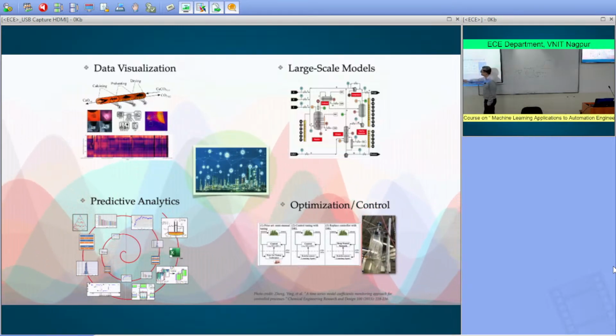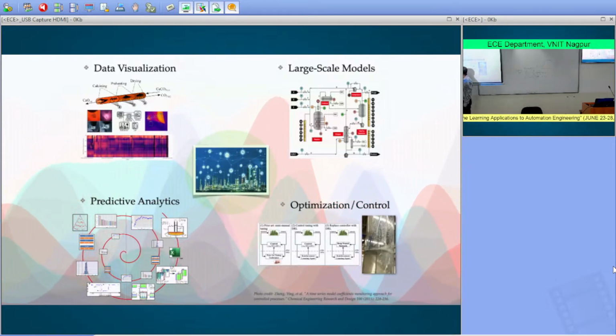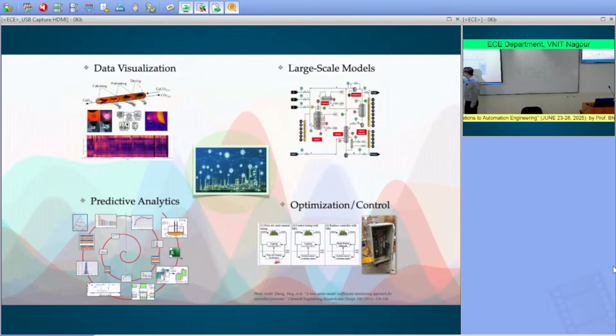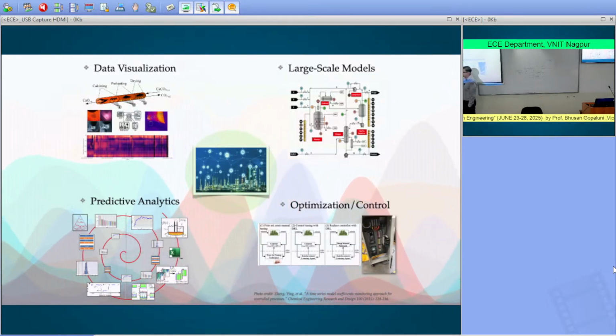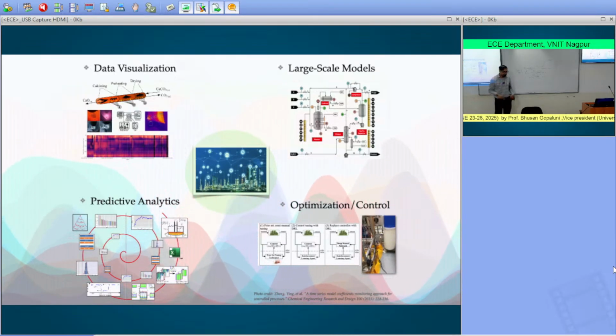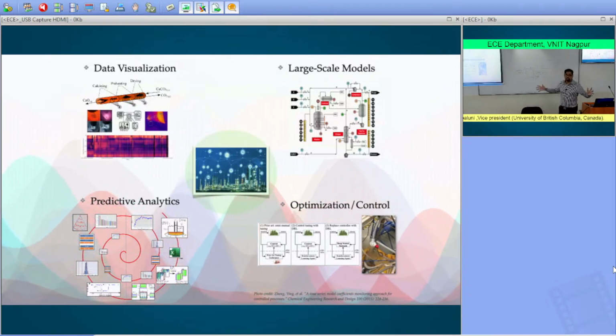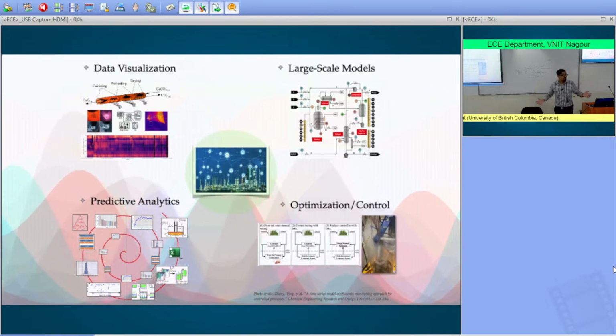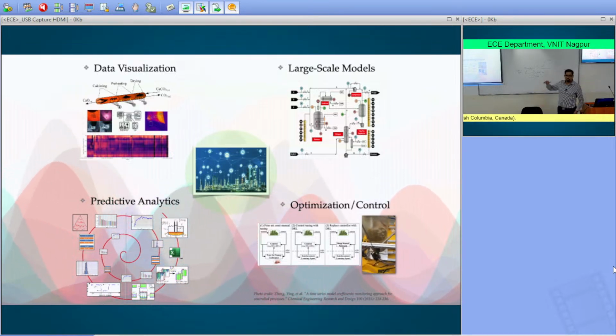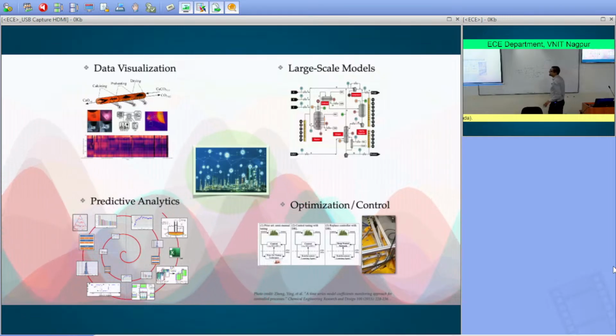This is, we actually published this data as a benchmark problem. This is an electric furnace in a copper mine. These furnaces are really large, by the way. They're probably bigger than this room, or as big as this building.